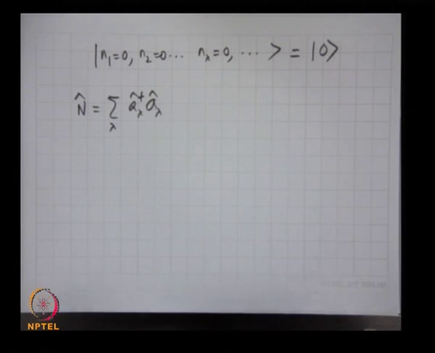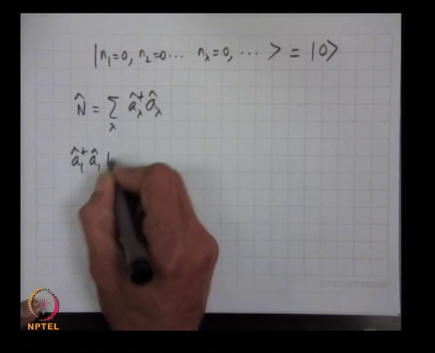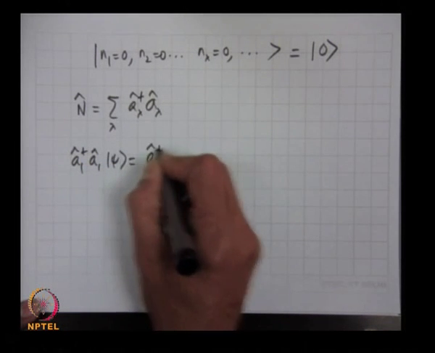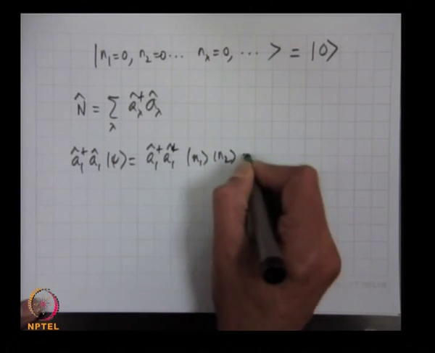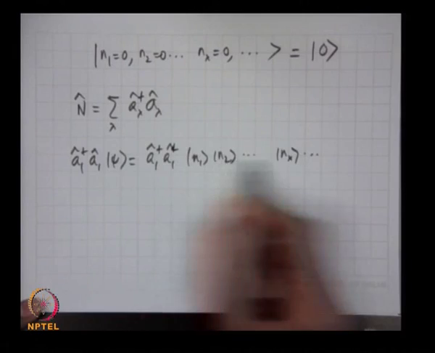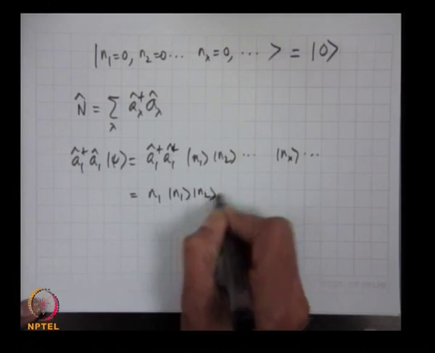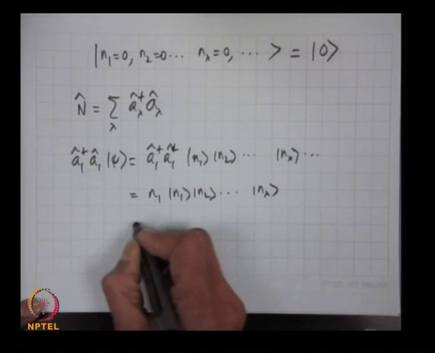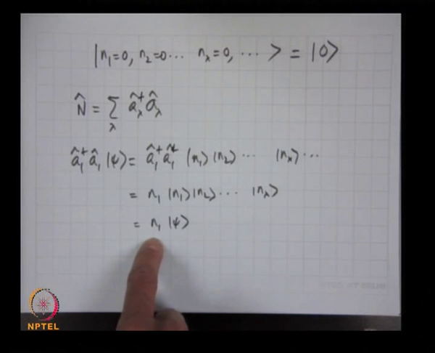So for example, if I operate A1 dagger A1 on psi, which is the state n1, n2, n lambda, this operates only on the n1 ket, because it does not operate on the other kets. So I will get n1. Operating with A1 dagger A1 gives me the number of photons, or the excitation state, of mode 1.